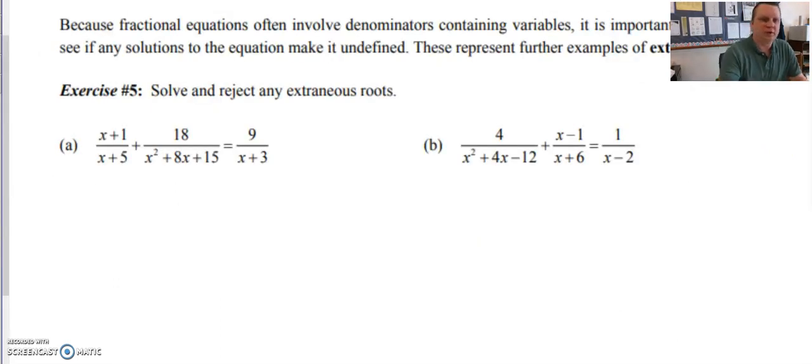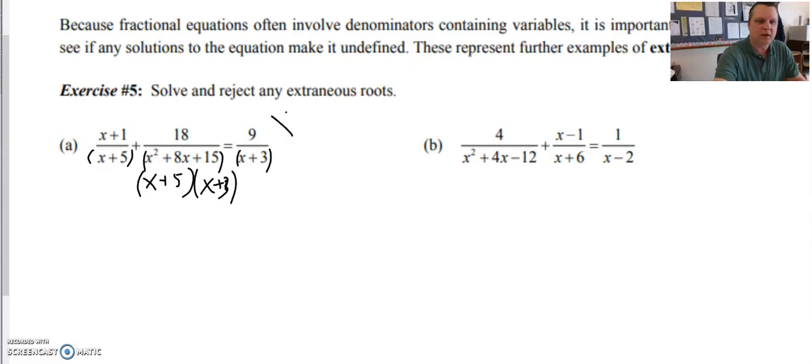All right, more challenging ones. Binomials and trinomials in the denominator. Which one can you factor? You can factor the trinomial. What will usually happen, like we've already seen, is this will factor to at least one, if not both, of the existing binomials that you already have. So x squared plus 8x plus 15 factors to x plus 5, x plus 3.